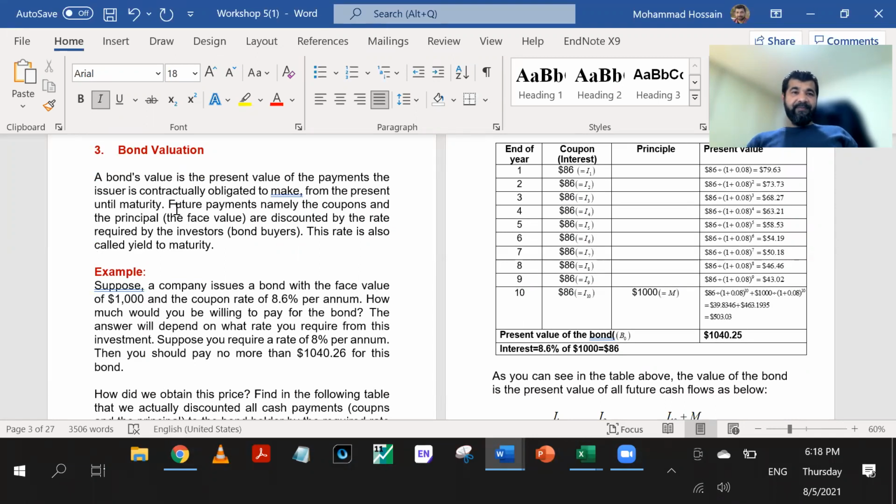Future payments, namely the coupons and the principal, the face value, are discounted by the rate required by the investors. This is also called the yield to maturity. What do they mean by these things? If these things are not clear to you, this chapter will not be clear to you.